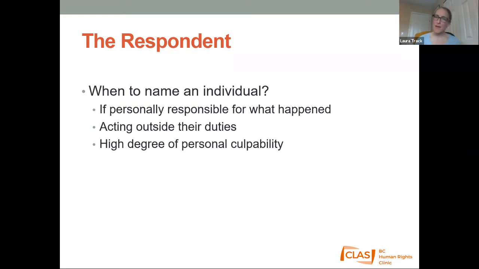You wouldn't name them as an individual respondent because they were just acting in the course of their duties, even though what happened might ultimately be discrimination. That would be the responsibility of the employer to address and remedy.